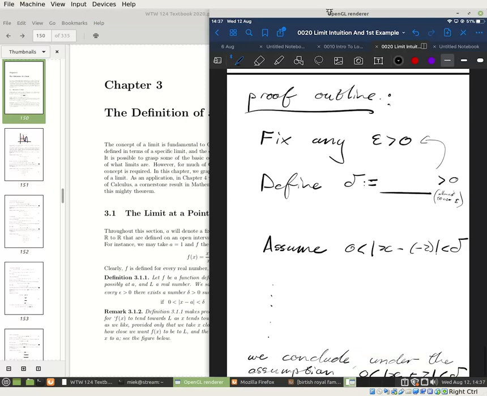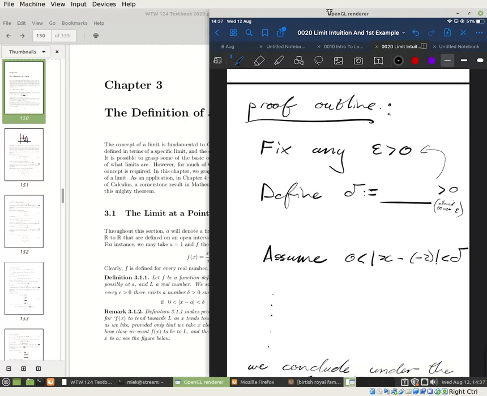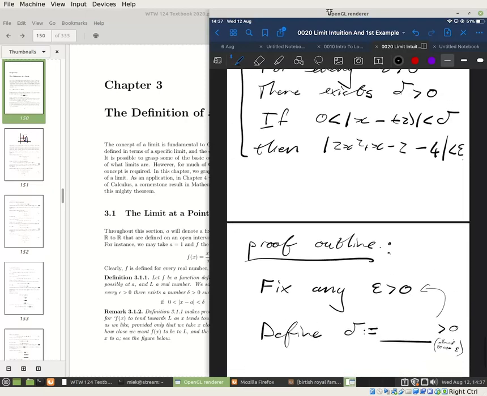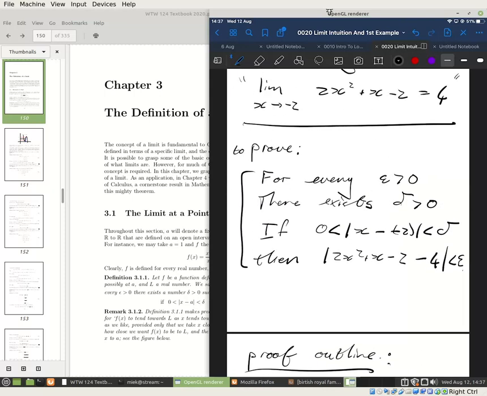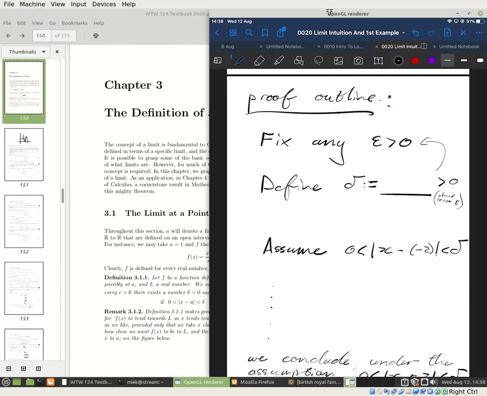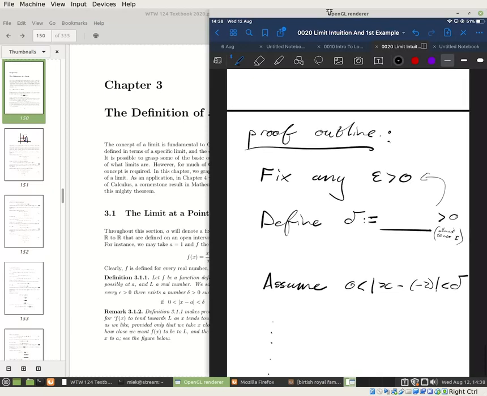So, old hat. Proof outline: we want to show for every epsilon, so we fix any epsilon. We need to show that there exists a delta, so we must define it. So we say define delta, leave a space, and right here, what are we allowed to use? We are allowed to use epsilon in defining our delta.